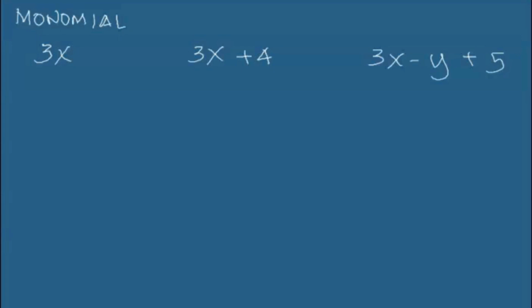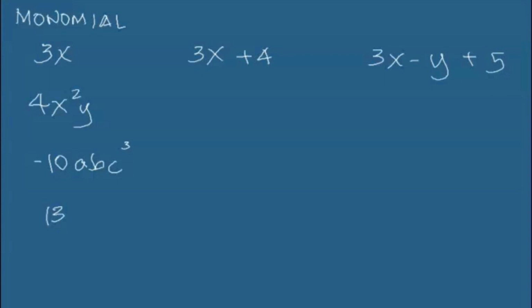Another example of monomial could be 4x squared y. That's also just one term. Or negative 10 a, b, c cubed. That's also monomial. And 13. This is also one term. And it's a constant. Okay.